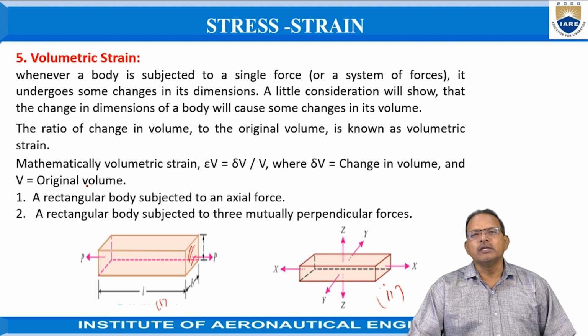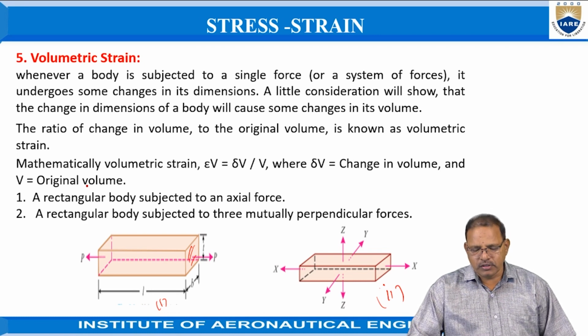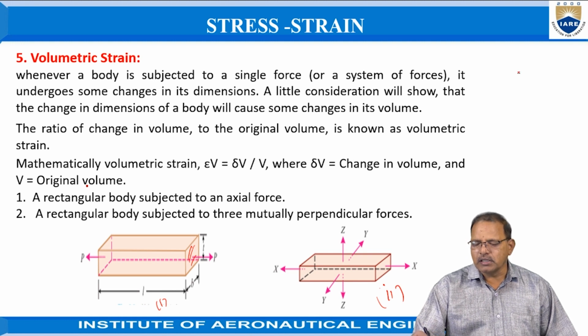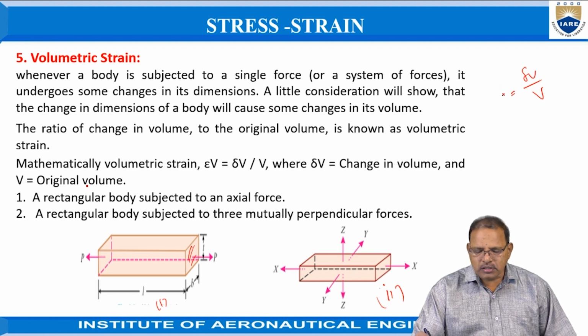So the ratio of change in volume to its original volume is called volumetric strain. Generally, delta V is representing the change in volume. If V is representing the original volume of the object, the ratio of change in volume to the original volume is represented as volumetric strain.